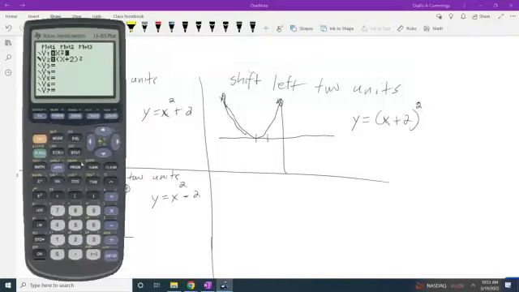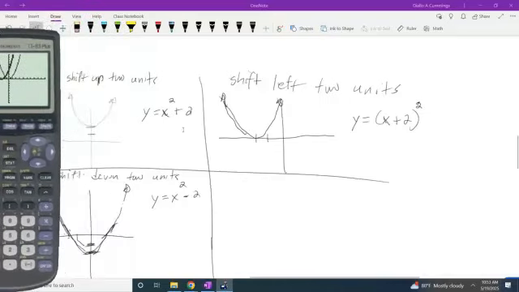So now if we graph, it shifts 2 places to the left. So notice how the positive 2's affect your graph. One is outside of the function, one is inside the function.